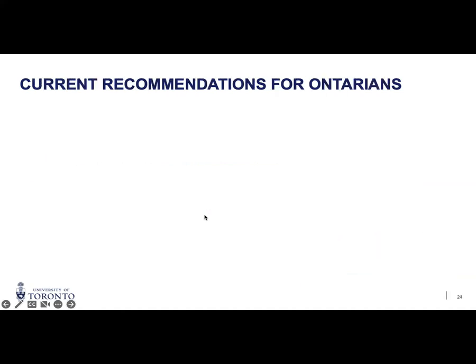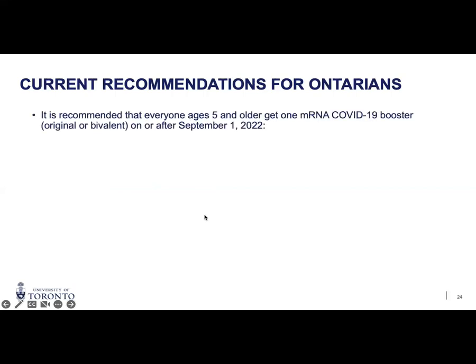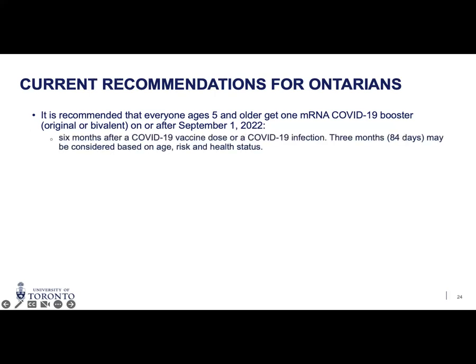Current recommendations for Ontarians are that everyone ages 5 and older get one mRNA COVID-19 booster, original or bivalent, on or after September 1st, 2022. The condition is that it has to be 6 months after a COVID-19 vaccine dose or a COVID-19 infection, and 3 months, 84 days, may be considered based on age, risk, and health status.